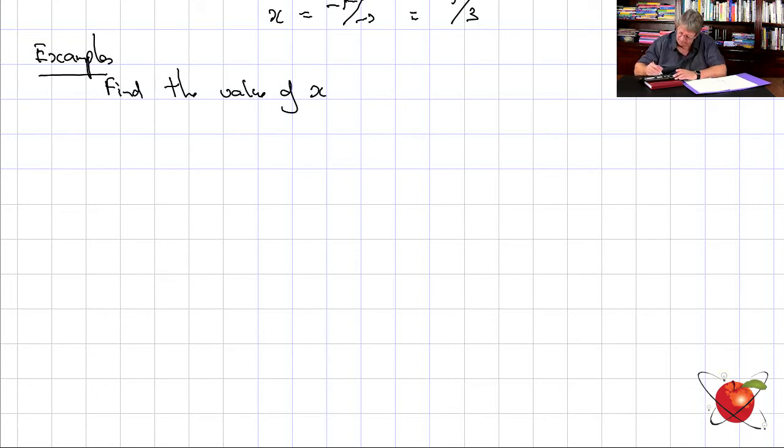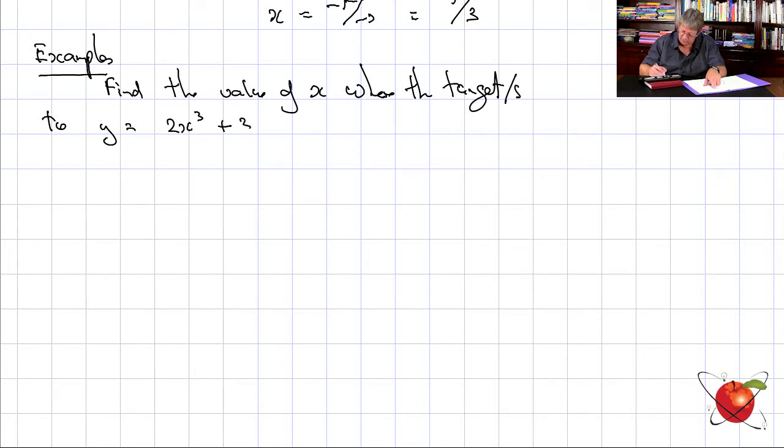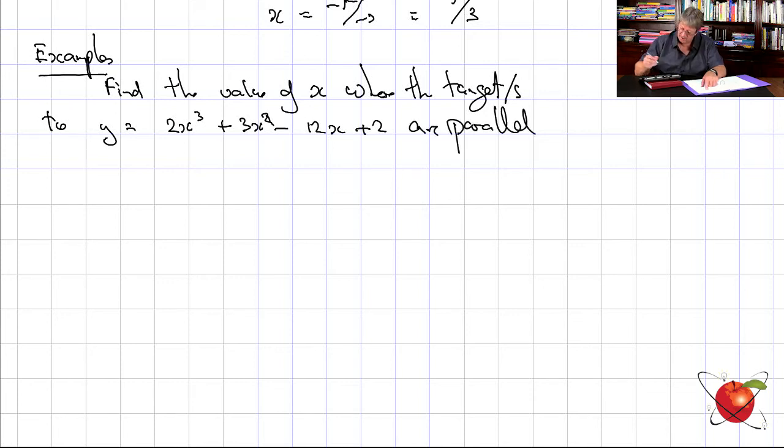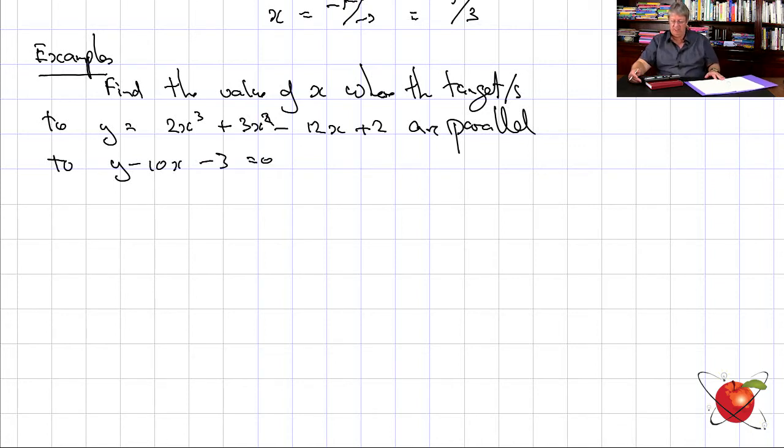Find the value of x where the tangent or tangents to y equals 2x cubed plus 3x squared minus 12x plus 2 are parallel to y minus 10x minus 3 equals 0. Okie dokie.